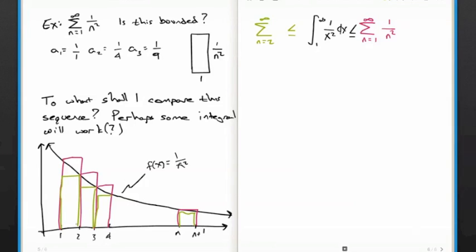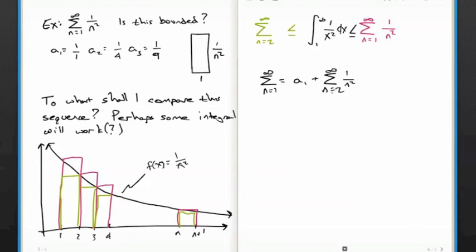Well, if my sum from 2 to infinity converges, and I know what my first term is, then I'm done, right? Because let me write this down: the sum from n equals 1 to infinity is really the same as a sub 1 plus the sum from n equals 2 to infinity of 1 over n squared.